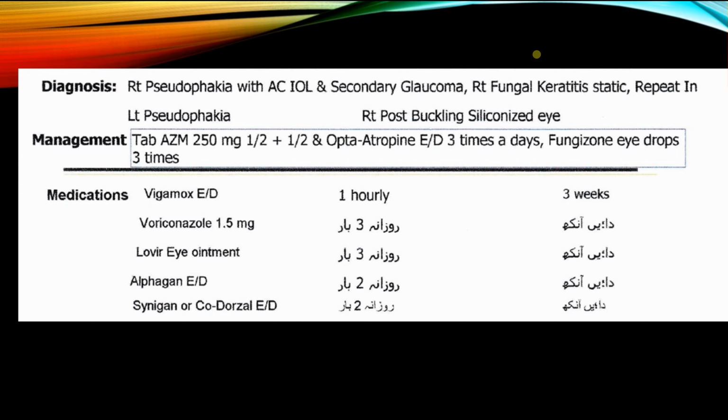I think what I found is that taking serial pictures of the patient usually gives you a good overview of how things are progressing. This is just a cut section of what you saw in this patient's history.